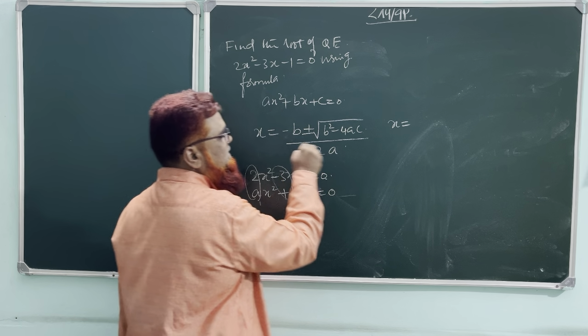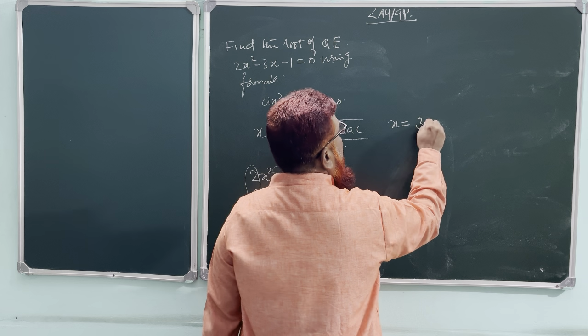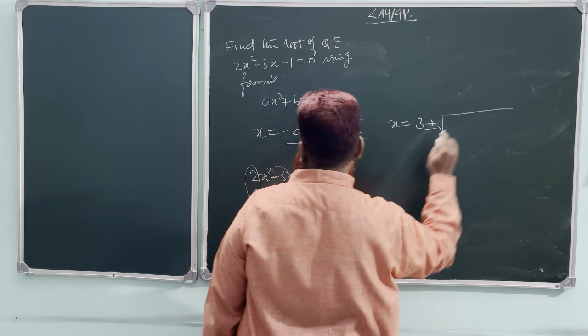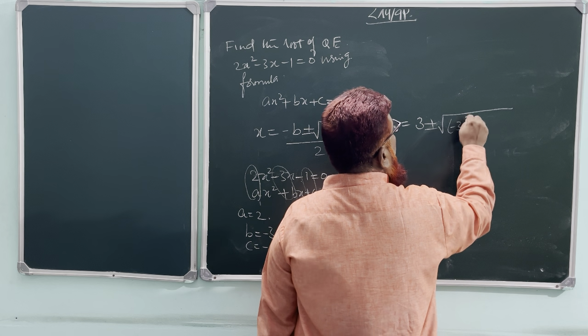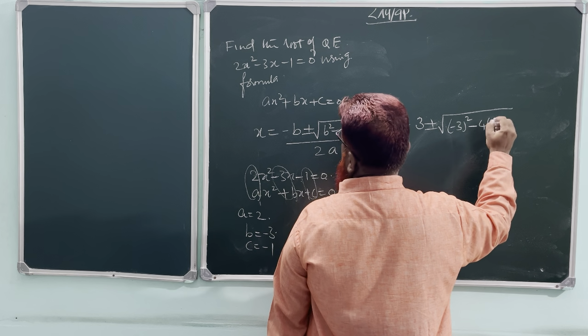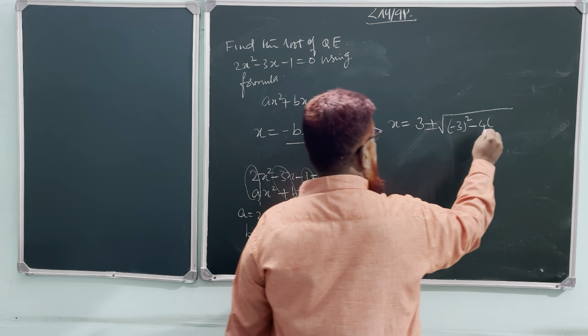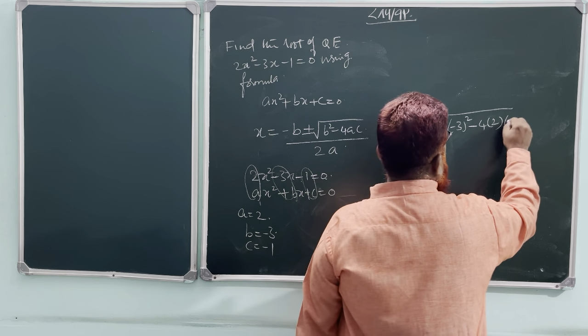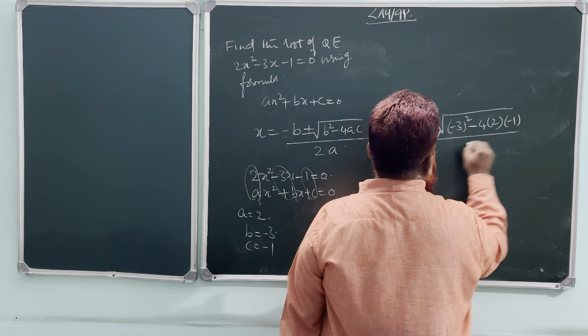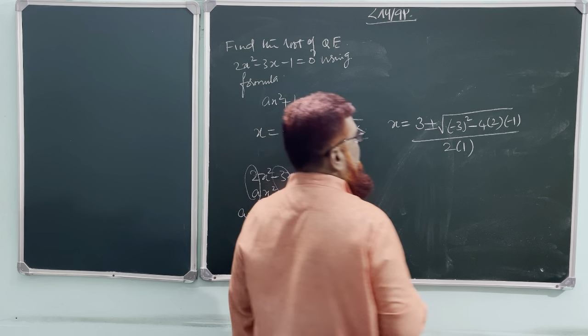Minus into minus, it will be plus 3 plus or minus square root of b square, minus 3 whole square, minus 4 into a, where a is equal to 2, and c is minus 1, whole divided by 2 into 1.